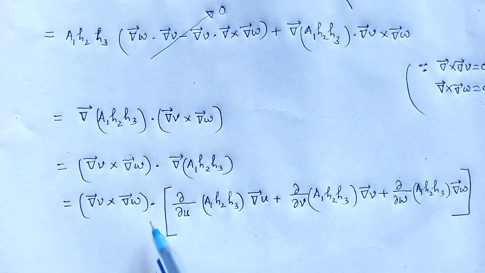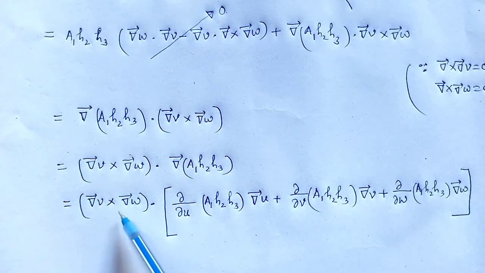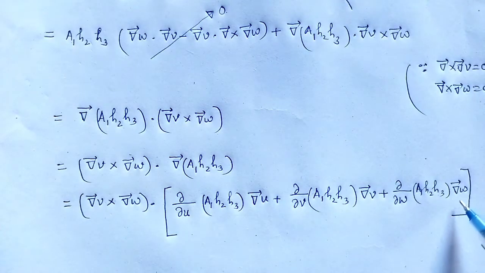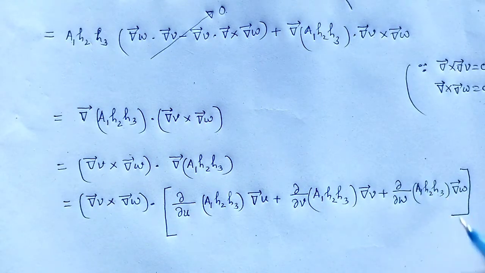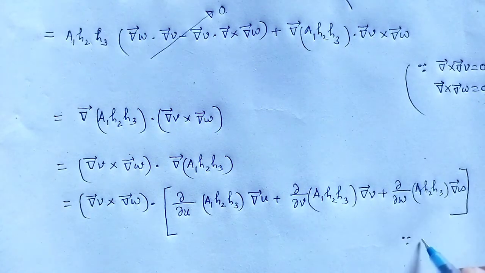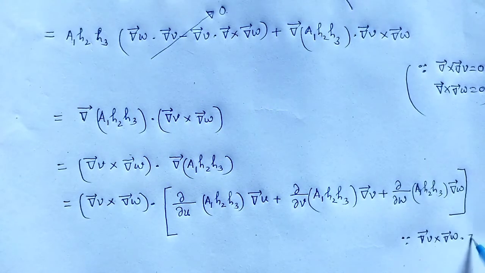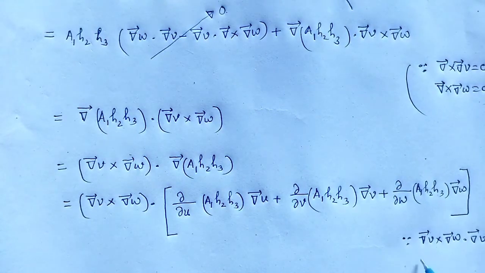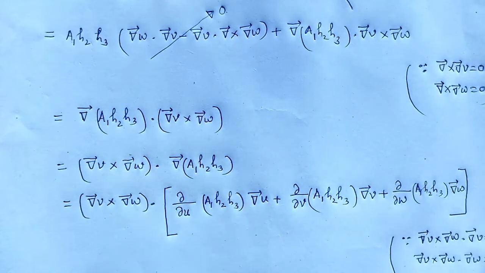In a particular case, when grad V cross grad W dot grad V is equal to 0 and grad V cross grad W dot grad W is equal to 0, only the first term exists, and the other two terms become 0.